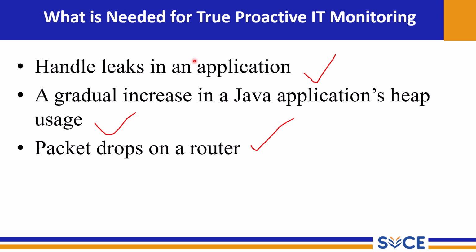The second one is a gradual increase in a Java application's heap usage. Memory leaks can also occur in application code, for example objects that are allocated but not released. In a Java application, the application's memory usage is limited by the maximum limit set for heap memory, and memory leaks result in the heap memory being utilized to its fullest.